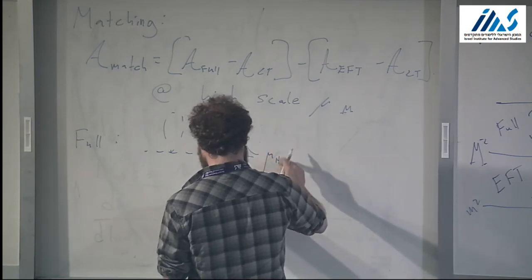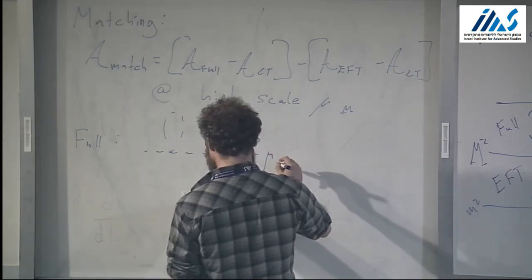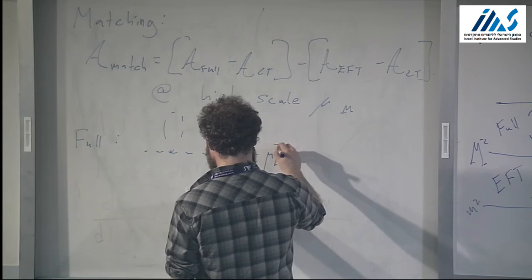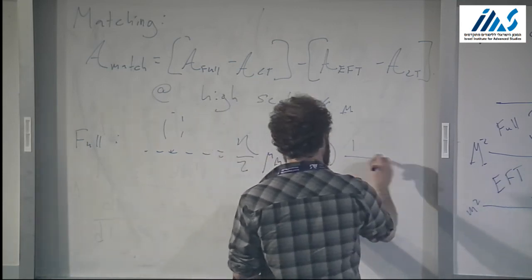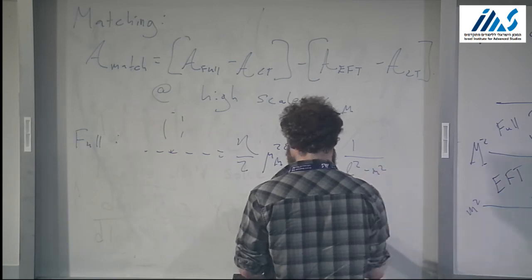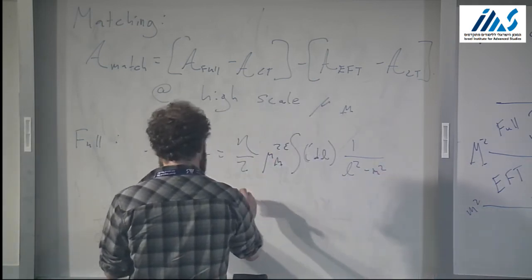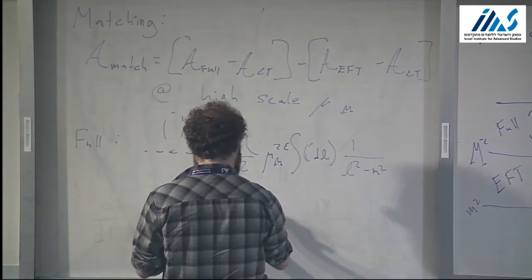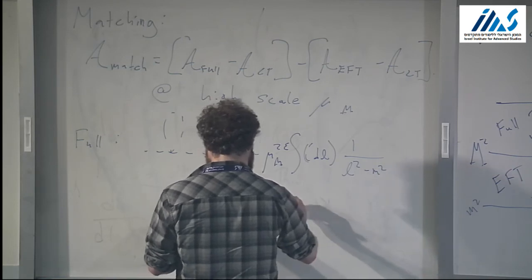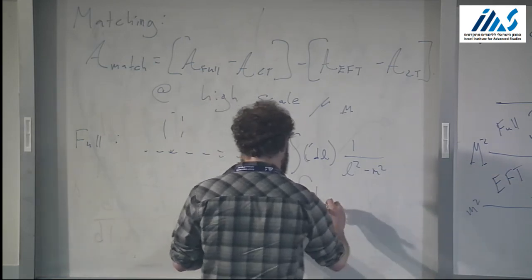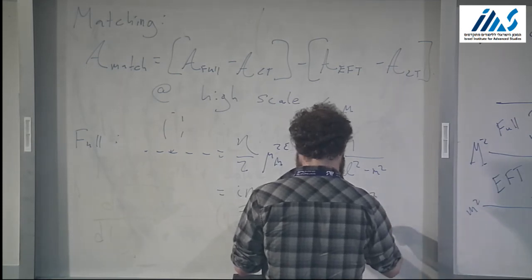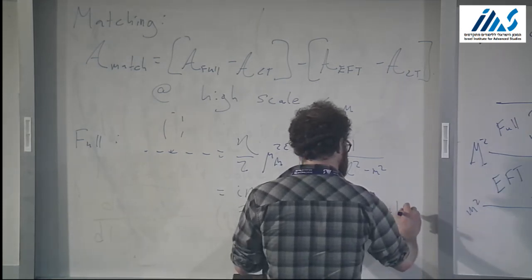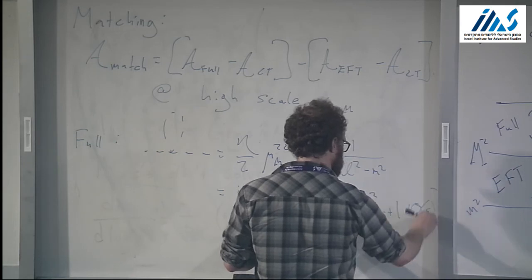Mu h, or if you like mu match, to the 2 epsilon, integral dl, 1 over l squared minus little m squared. And that equals i eta over 32 pi squared little m squared times 1 over epsilon plus log mu m squared over m squared plus 1 plus order epsilon.